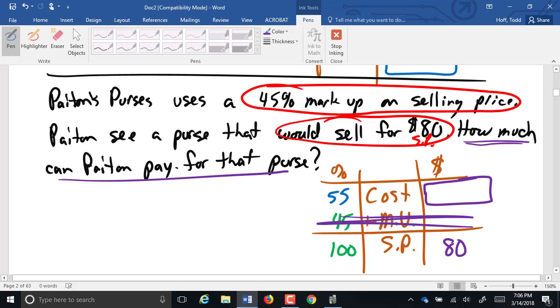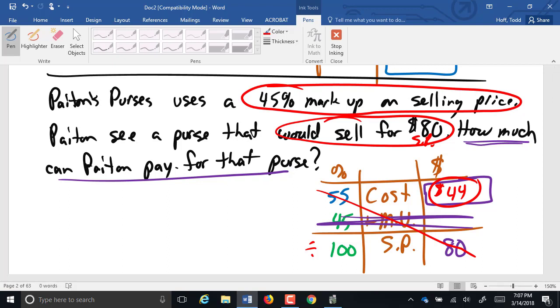So we don't need the middle row. 80 times 55 divided by 100 is $44. Is that right? So Peyton can afford to pay $44 for that purse and still accomplish a 45% markup on the selling price. Does that make sense? Okay.